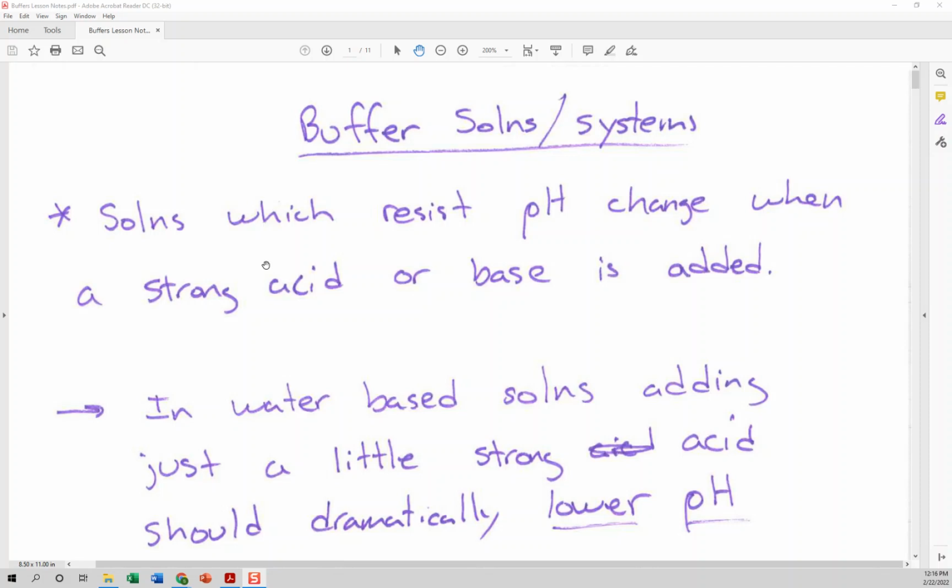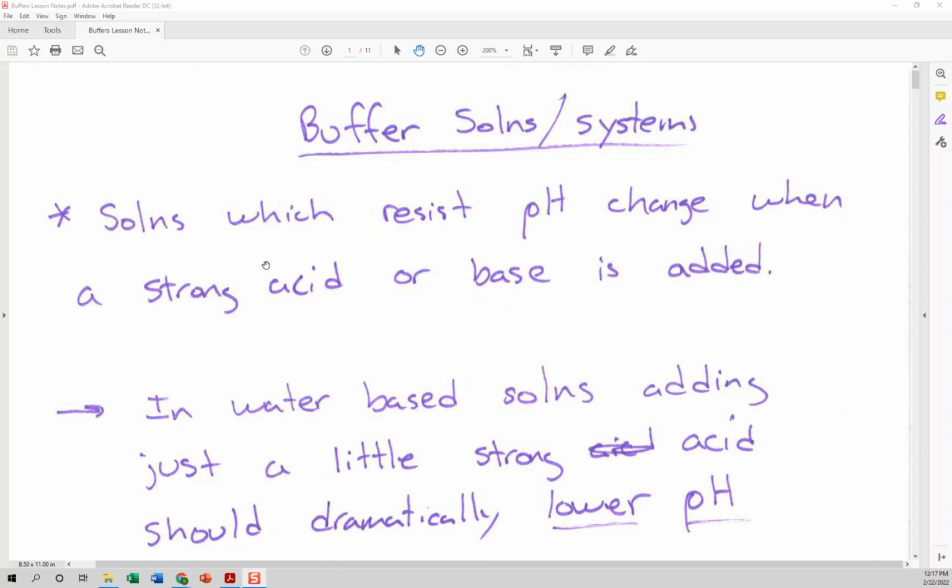A buffer solution is a solution where you have certain things dissolved that will help resist pH change. Meaning, if I add H+ to my solution, the pH should decrease by a lot. And if I add OH- to the solution, the pH should increase by a lot.